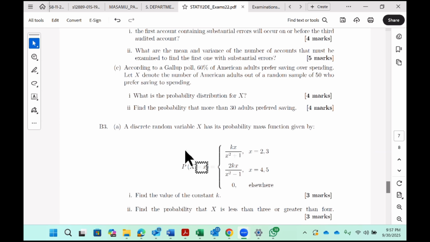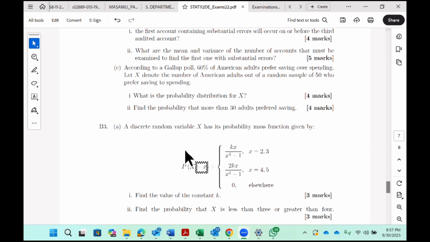Since it's a random sample, each individual selected is independent of the other, so independence is established. We have a fixed sample size of 50, and the probability of success is 0.6. So that means it's a binomial distribution.